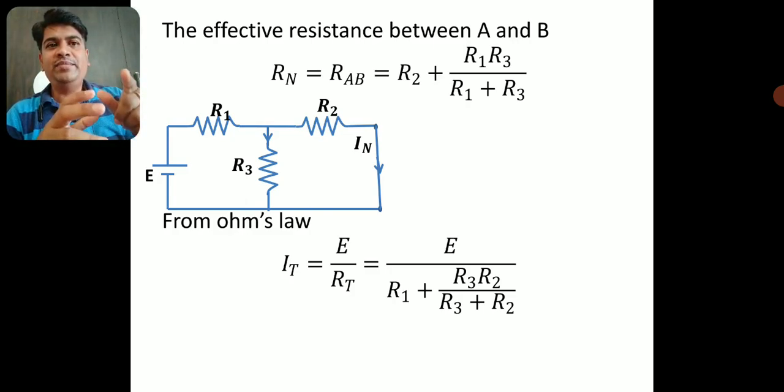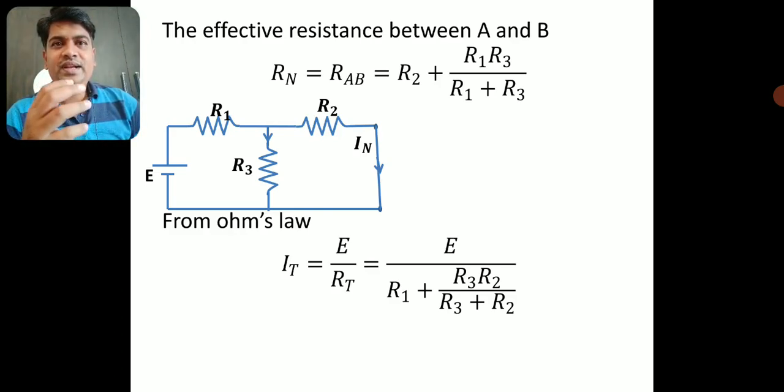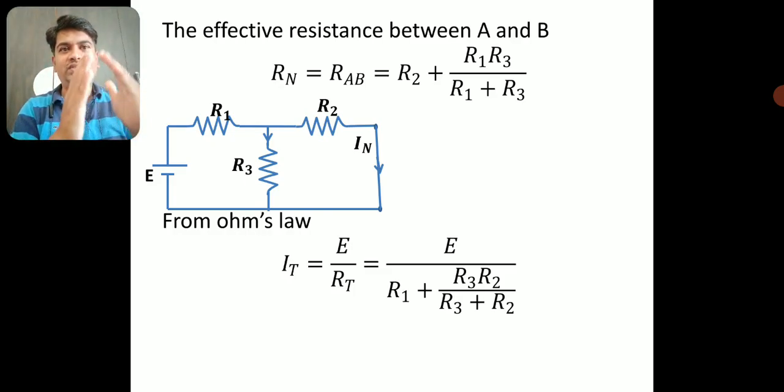Now IN is the same current which flows through R2. So it is sufficient if you find the current flowing through R2. How do I find it? It is a branch. R2 is one branch and R3 is another branch.